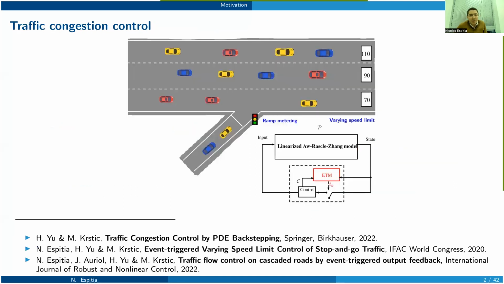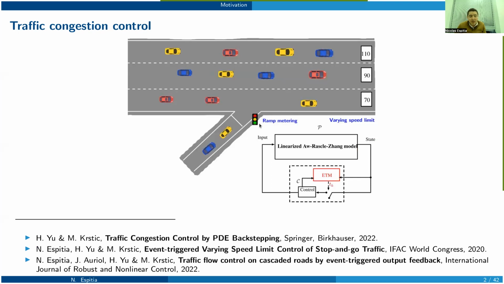Let me discuss another interesting application for which event-triggered control can play a crucial role. It is about the problem of traffic congestion control. Okay, there are several strategies for traffic management. And I would like to point out ramp metering strategies and varying speed limit control strategies.